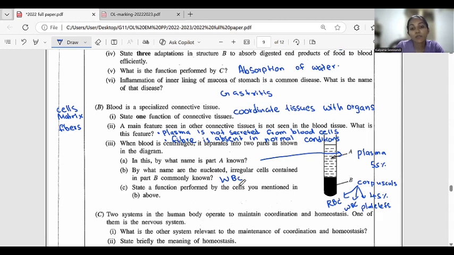State the function performed by these cells. White blood cells are responsible for maintaining immunity. These cells fight against germs, and kill germs by phagocytosis.